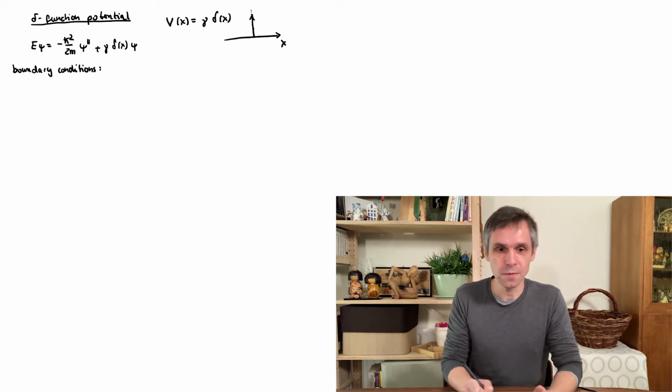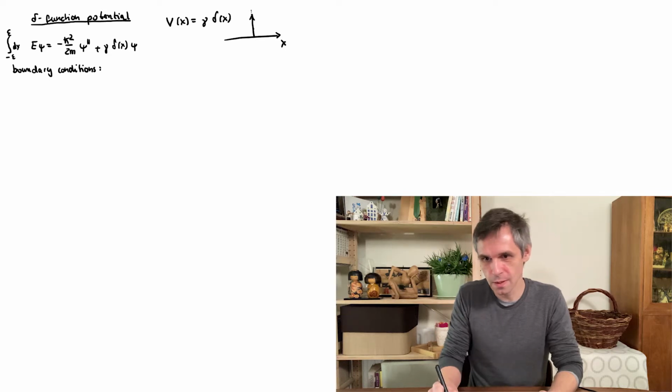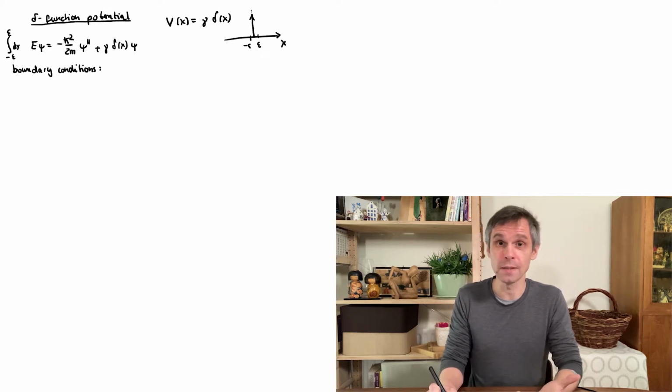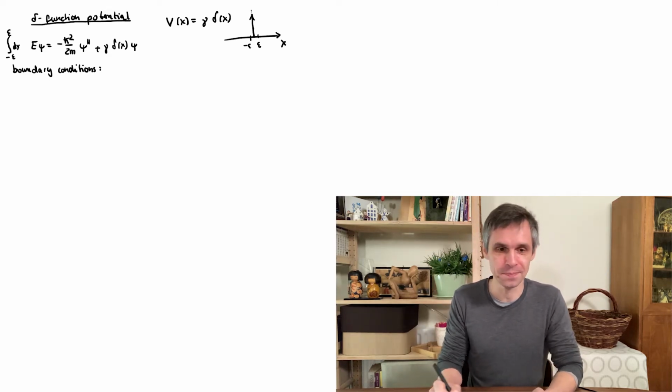It is instructive to integrate this equation over a small interval from minus epsilon to plus epsilon. So a little interval that contains the delta function. After all, the delta function is really defined in terms of a property involving an integral.